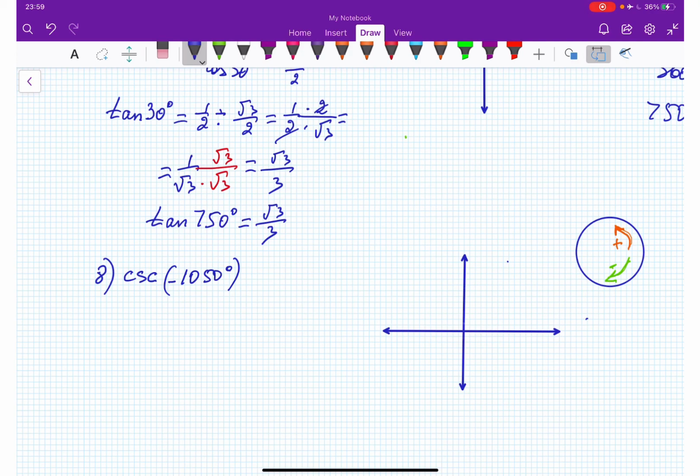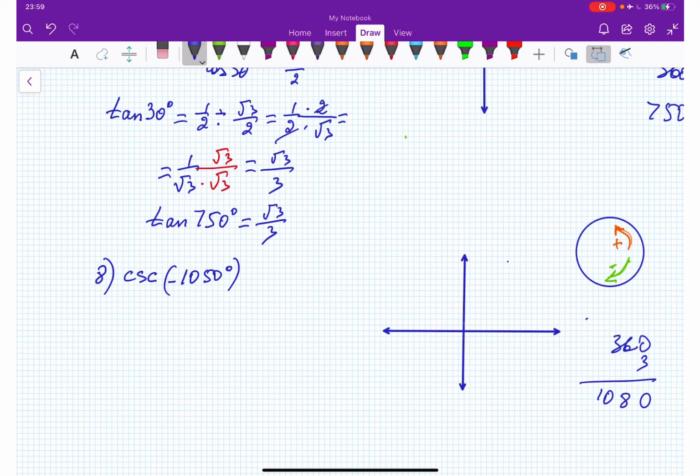So first of all, how many times are we going to go to get 1050? 360 times 3 is going to be 1080, but we need 1050. So I will go three full circles, and then back off, shorten by how much? 30 degrees, right?